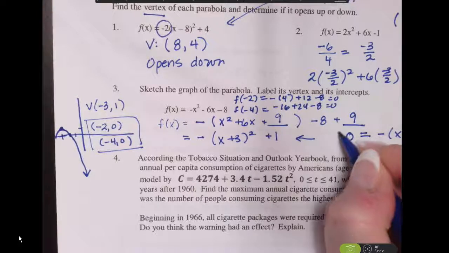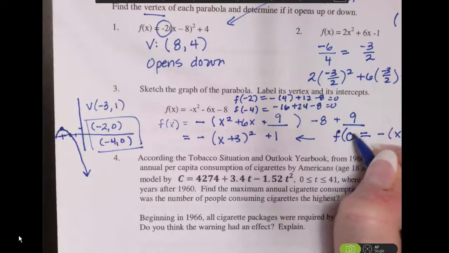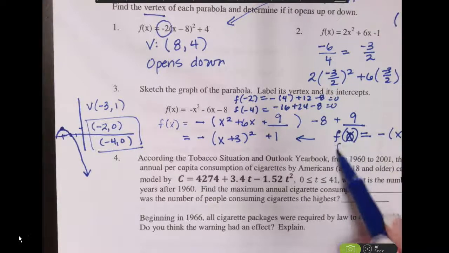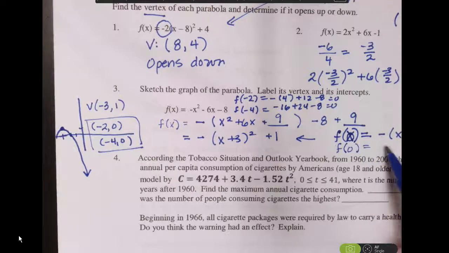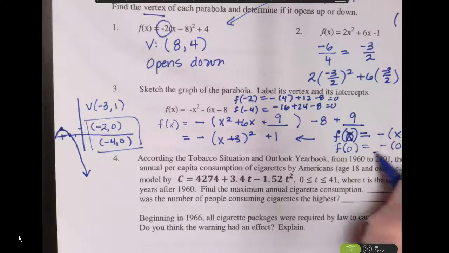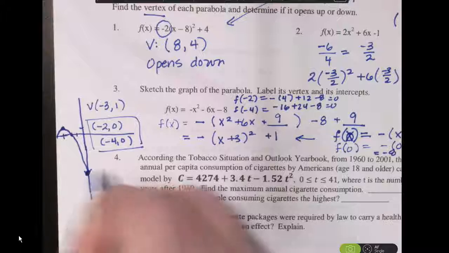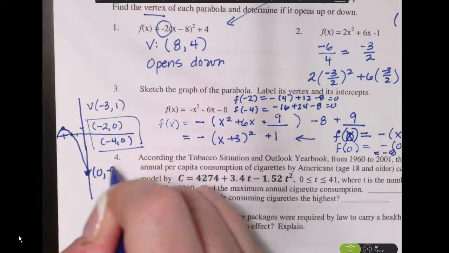I want to say when f of 0. Okay, so I'm plugging that in. 0 plus 3 squared plus 1. Yeah, because my y-intercept is when x is 0, not when y is 0. So 0 plus 3 is 3, squared is 9, negative 9 plus 1, we get negative 8. So this graph here would cross at 0, negative 8.